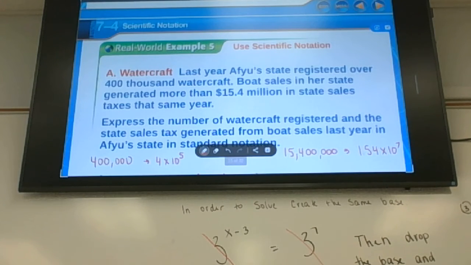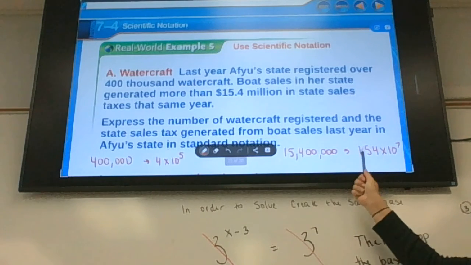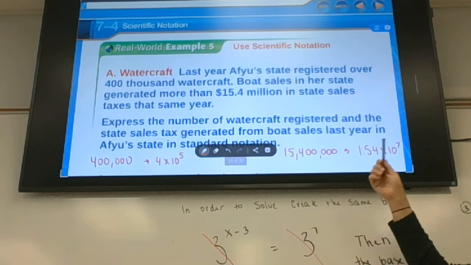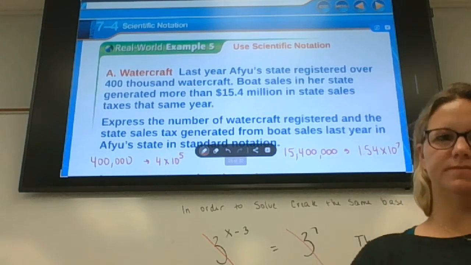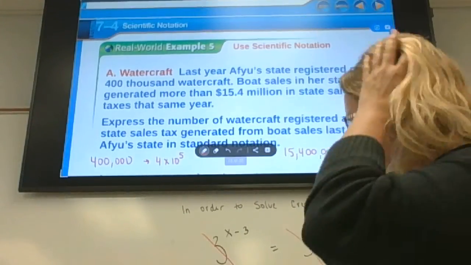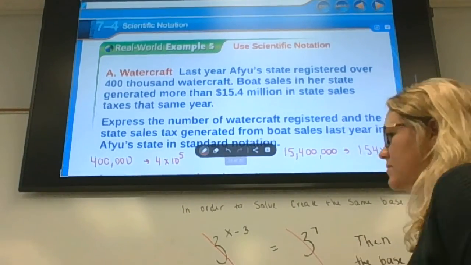Now the rule for scientific notation is that this has to be less than 10. And it can't be four numbers.